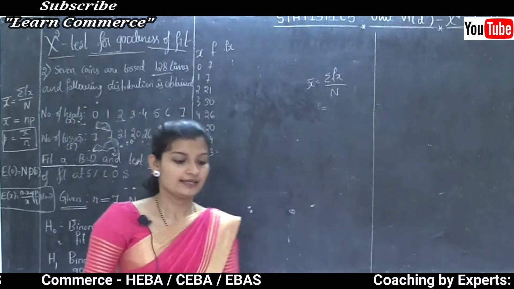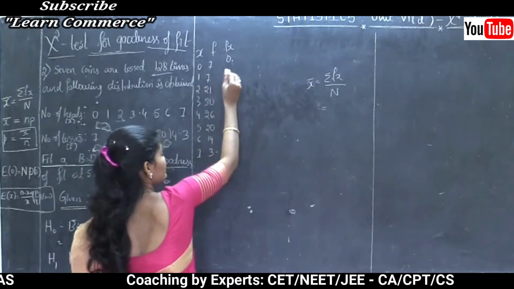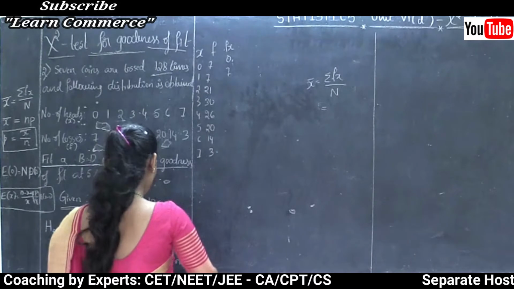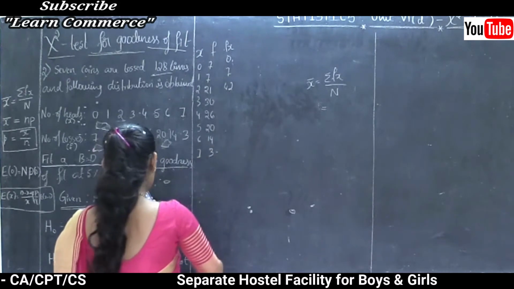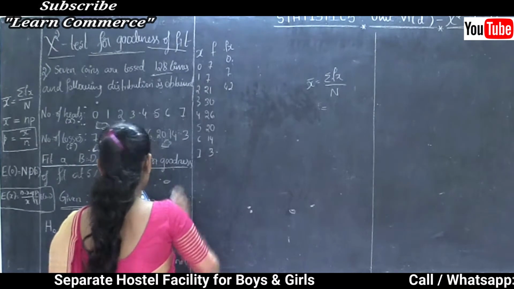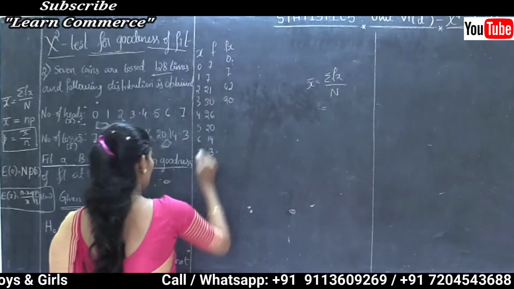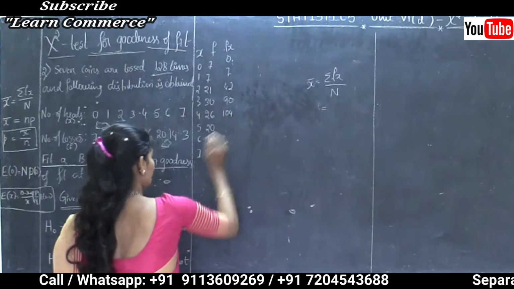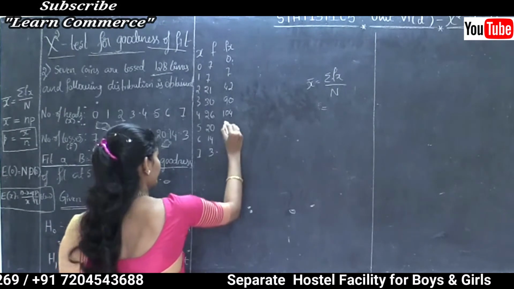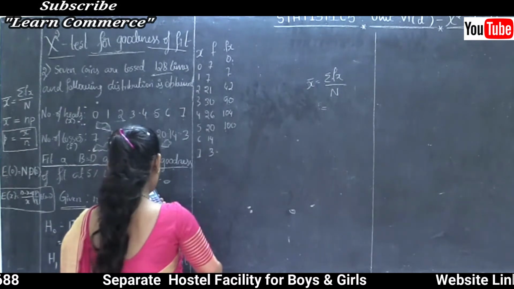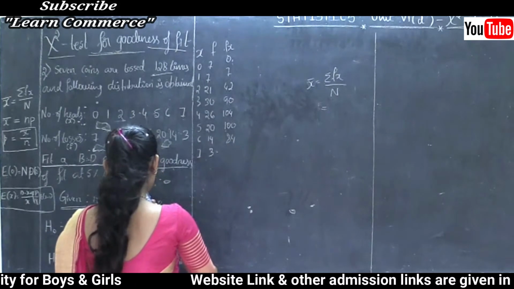That is 0 into 7 is 0, 1 into 7 is 7, 2 into 21 is 42, 3 into 30 is 90, 4 into 26 is 104, 5 into 20 is 100, 6 into 14 is 84, 7 into 3 is 21.